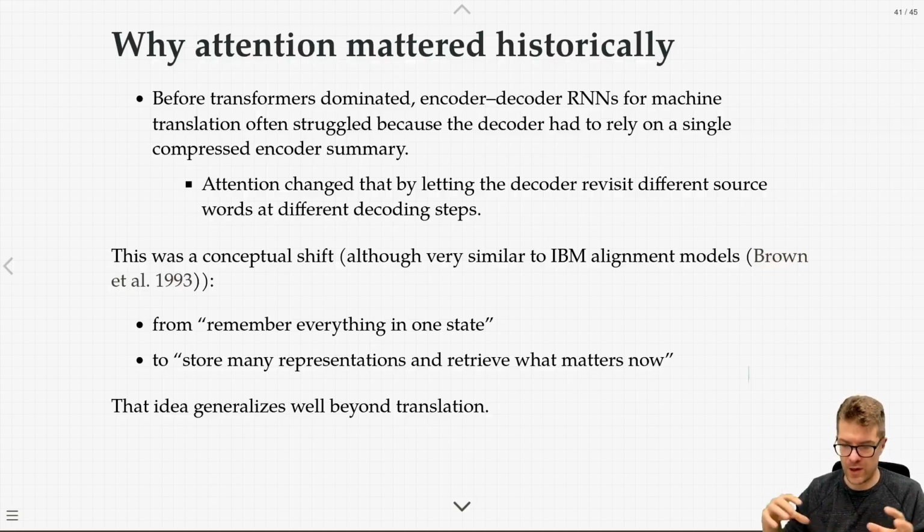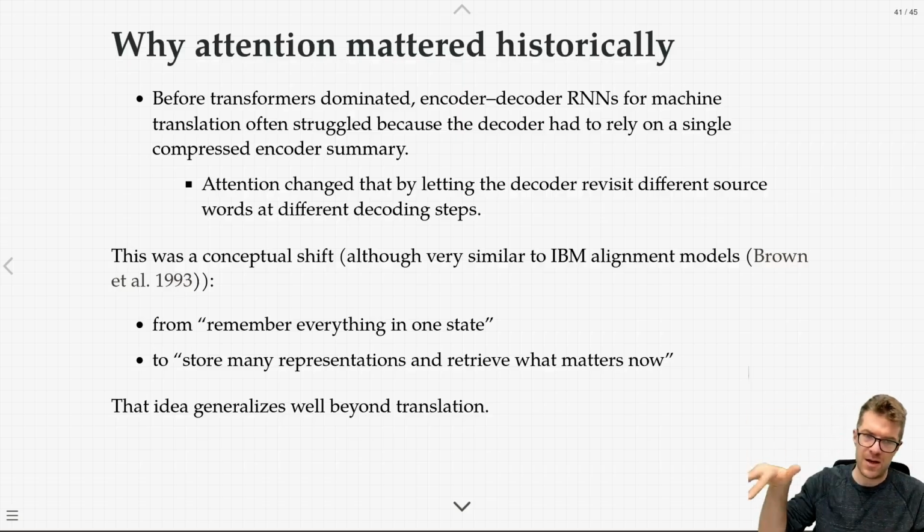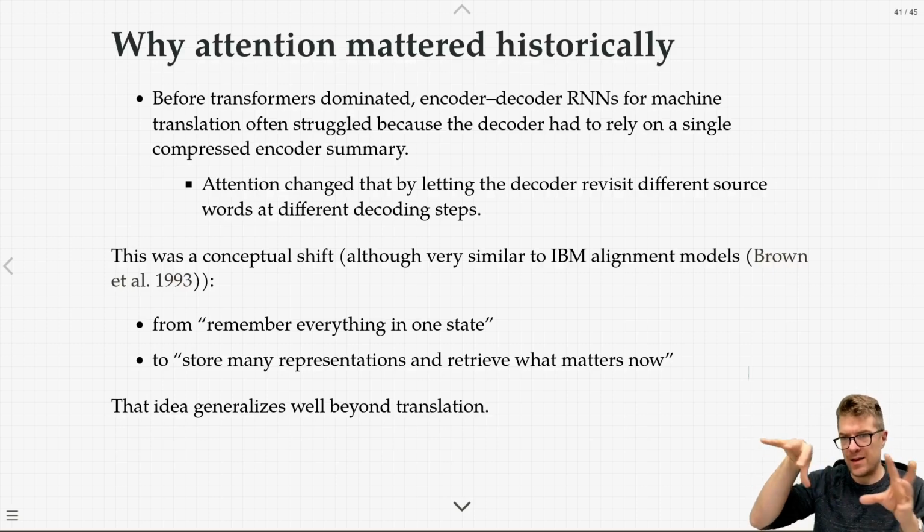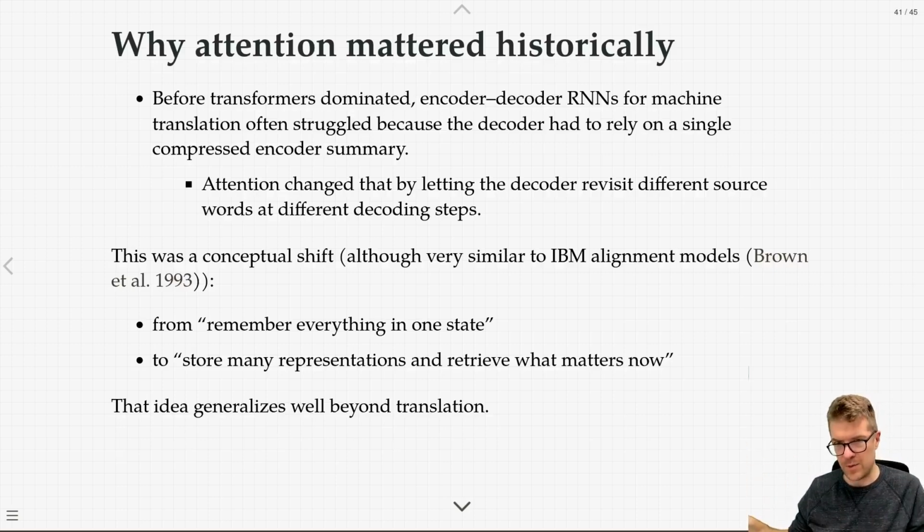All this information had to be compressed, and that was difficult and problematic in various ways. Attention solved that by letting the decoder revisit any element of the input it wanted. That was the whole point of this module when we started off. That's a big reason why attention has mattered for the past 10 or so years, certainly greater than 10 years.